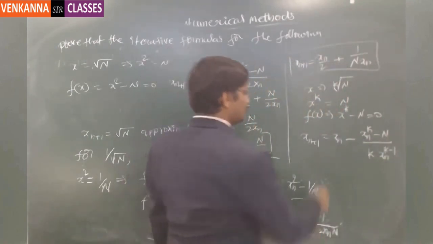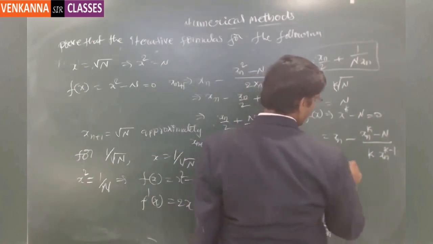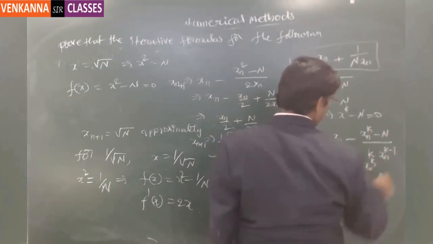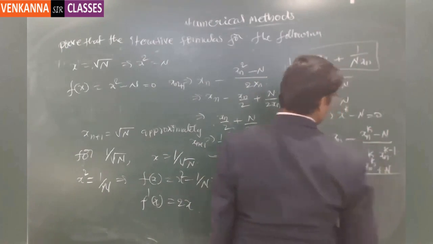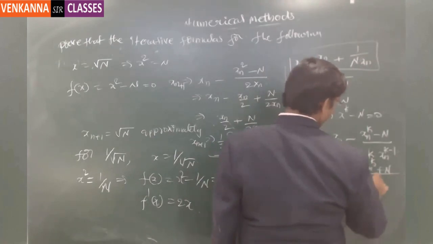So this is going to be xn minus (xn power k minus n) divided by k times xn power k minus 1.